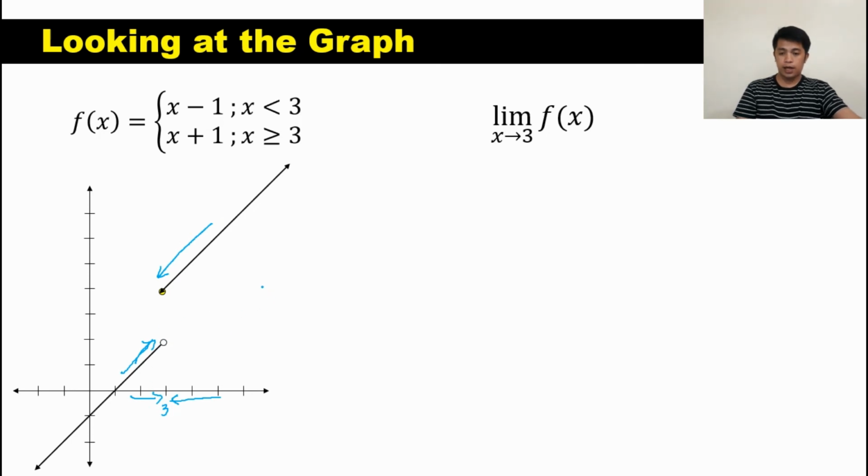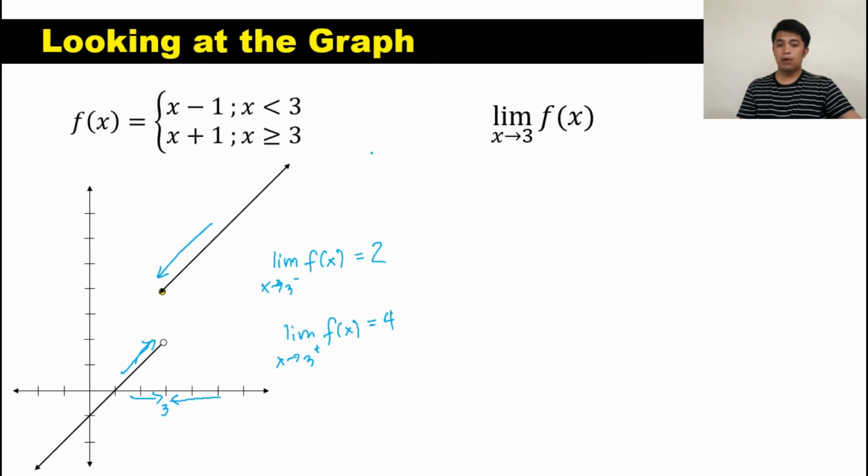The limit of f of x as x approaches 3 negative is 2. On the other side, the limit of f of x as x approaches 3 positive, pila man ni? 1, 2, 3, 4.